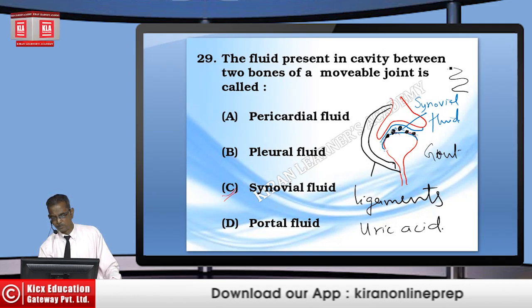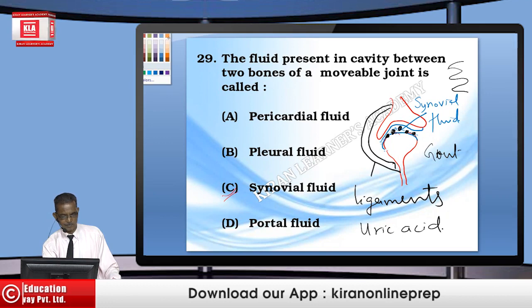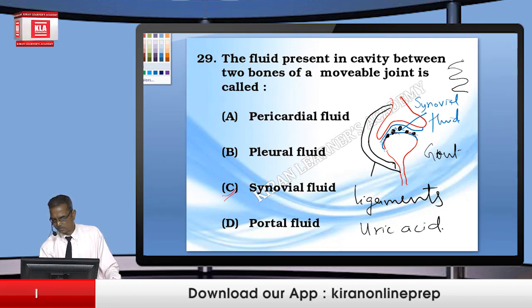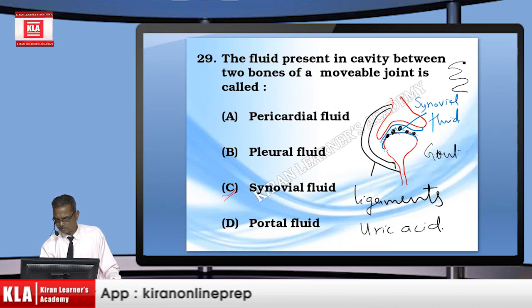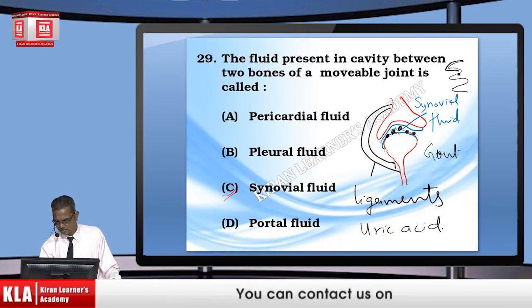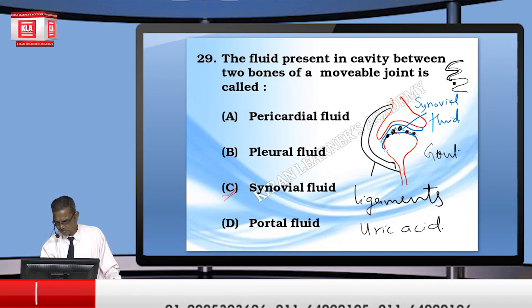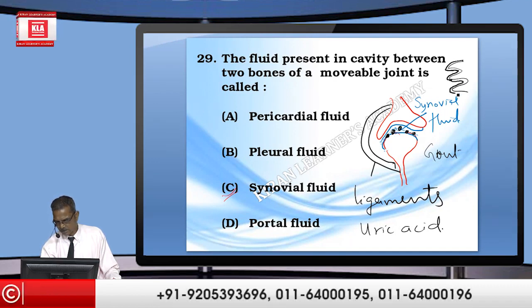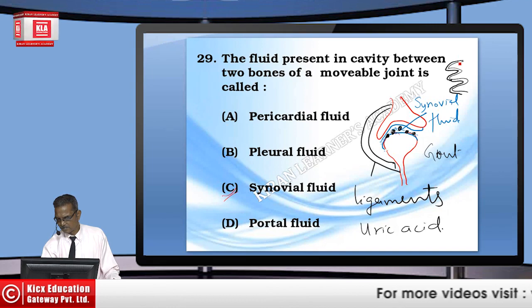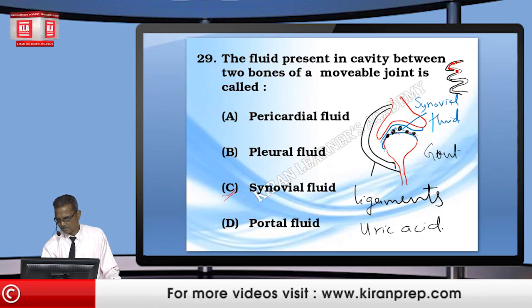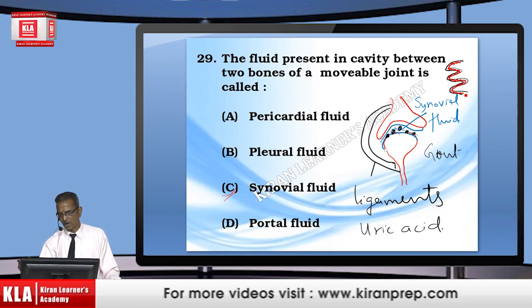If it is a permanent joint, like a joint like this, if this is one bone, then there is another bone, and the two are joined together by sutures, so that they can't move.